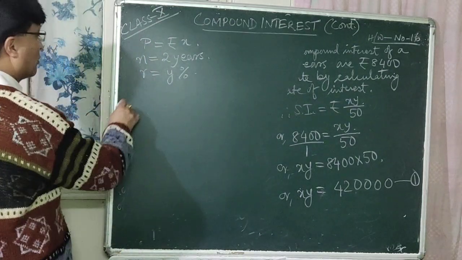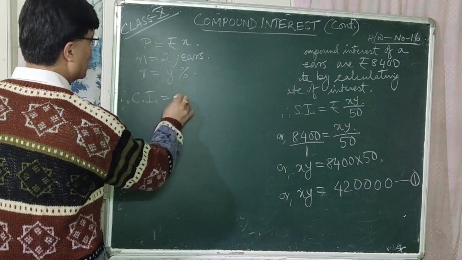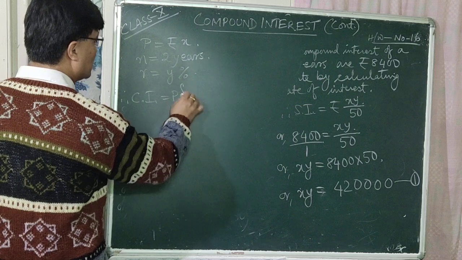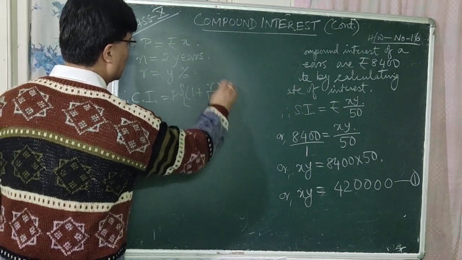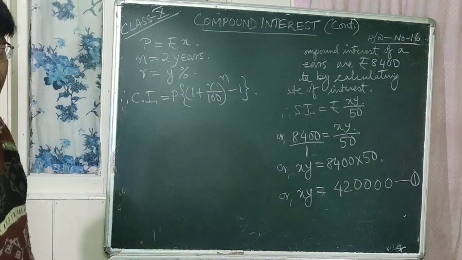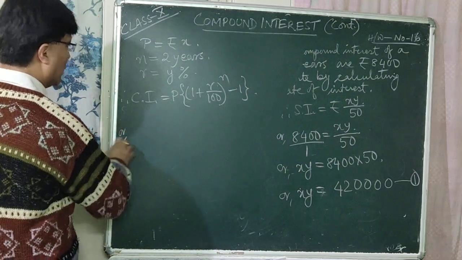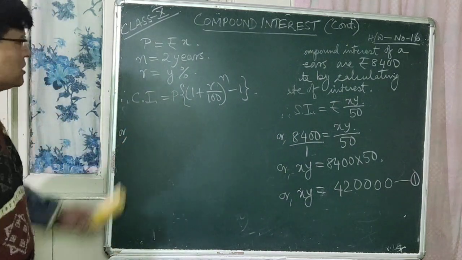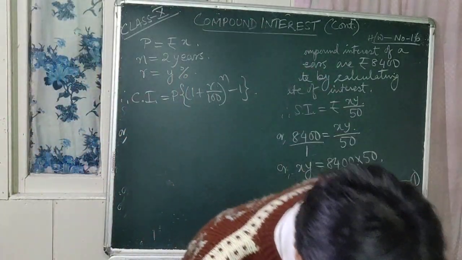Now write down the formula for CI, compound interest. So compound interest is equal to P within second bracket 1 plus r upon 100 whole to the power n minus 1. Here second bracket is closed. Now here CI was given. What was the compound interest?